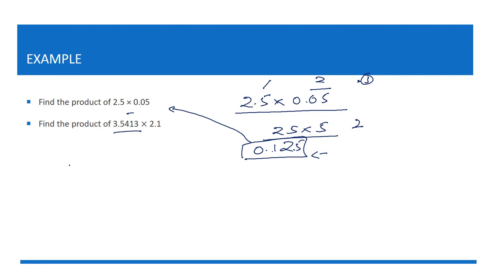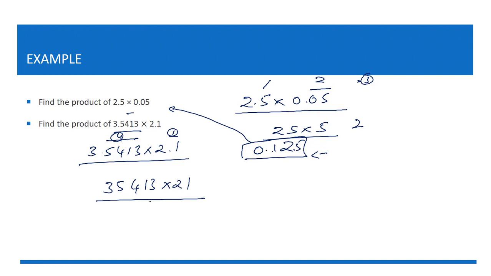Now let me go with this: 3.5413 into 2.1. How many decimal places are there? Here 4 and here 1. You should be very careful. Now start multiplying, ignoring the decimal point. 35413 into 21. 1 3 is a 3, 1 1 is a 1, 4, 5, 3.